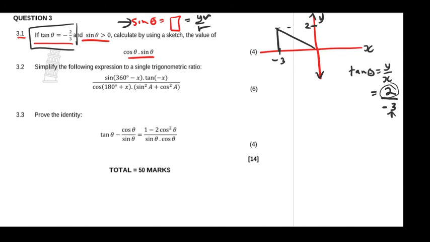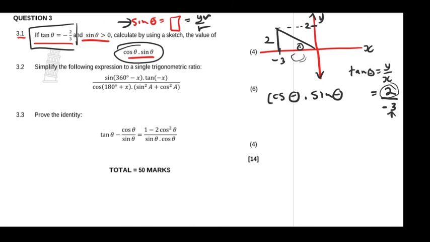Yeah, so this is your theta, and here it's 2, and here it's minus 3, the adjacent side. So now that you have your triangle, you'll be able to solve this problem of cos theta multiplied by sine theta.